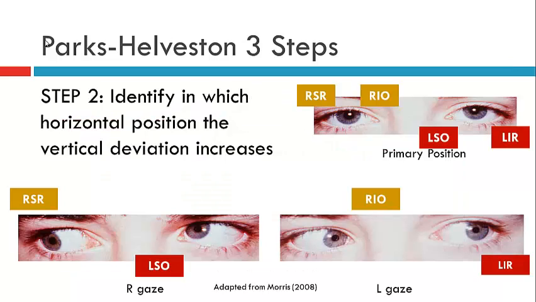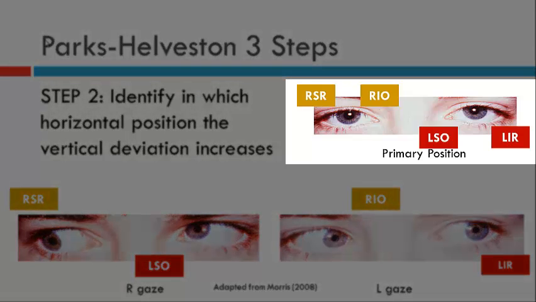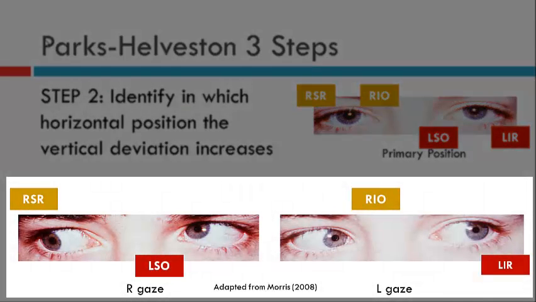So moving on to step 2, in this instance, we're now going to look at the vertical deviation in right gaze and in left gaze. So from step 1, we've got 4 extraocular muscles that we're considering: the right superior rectus, right inferior oblique, left superior oblique, and left inferior rectus. And then we look in right gaze and left gaze, and we can see here clearly that there's an increase in height in right gaze.